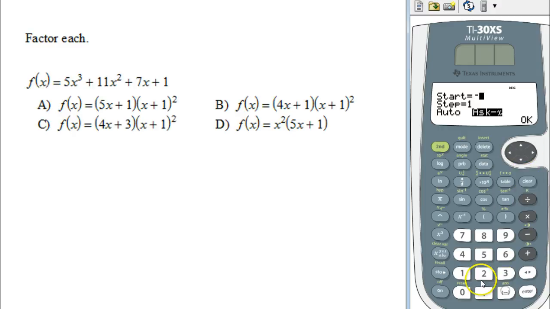Okay, I like to start from -10 because it rarely goes past that. And I need the calculator to be in auto mode for this type of problem. So I'm going to scroll down looking for 0 on the y side. It will probably be either -1 or +1.